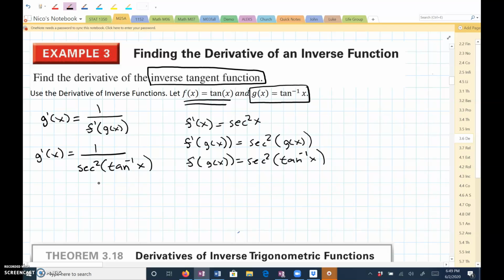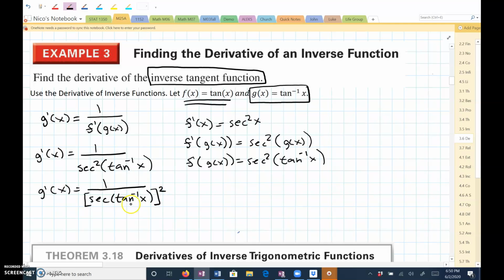Okay? Which I can think of as the derivative of g of x, 1 over secant of inverse tangent of x, and then all of this is being squared.